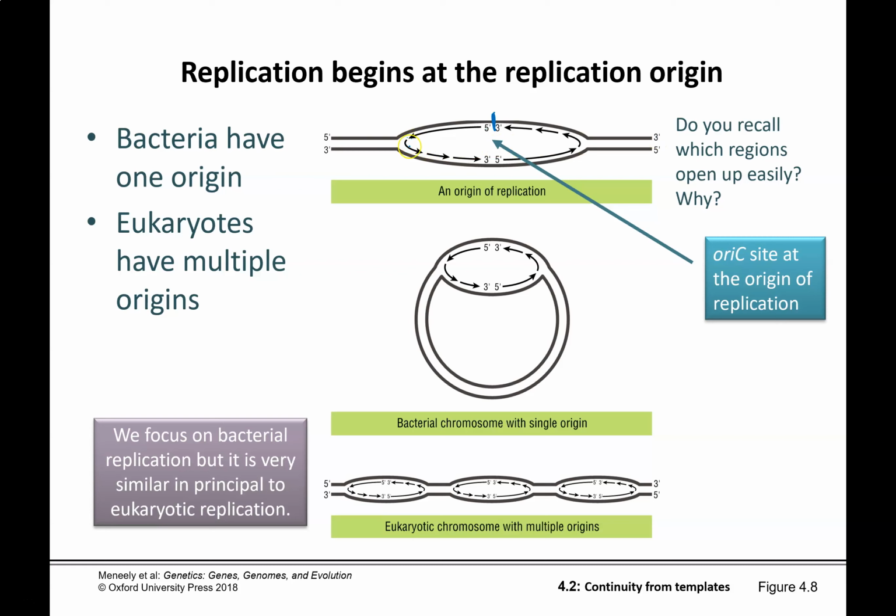And then our fragments on the other strand. And then over here, we move in a 5' to 3'. Now, this all goes back to this anti-parallel problem and the fact that we have to produce anti-parallel strands.